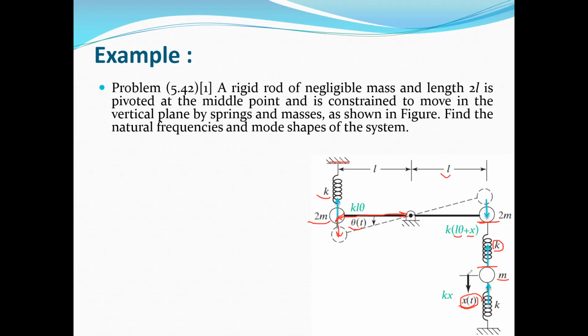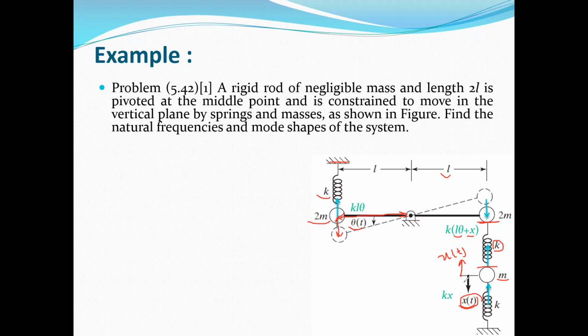And consider if x(t) was in the upward direction. For example, if we assume that x(t) was upward, then the force in this spring would be k times (L theta minus x).